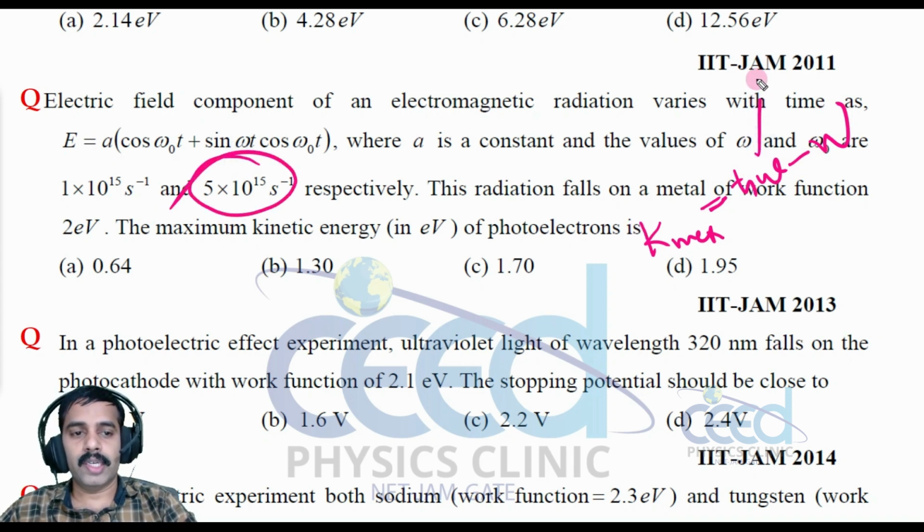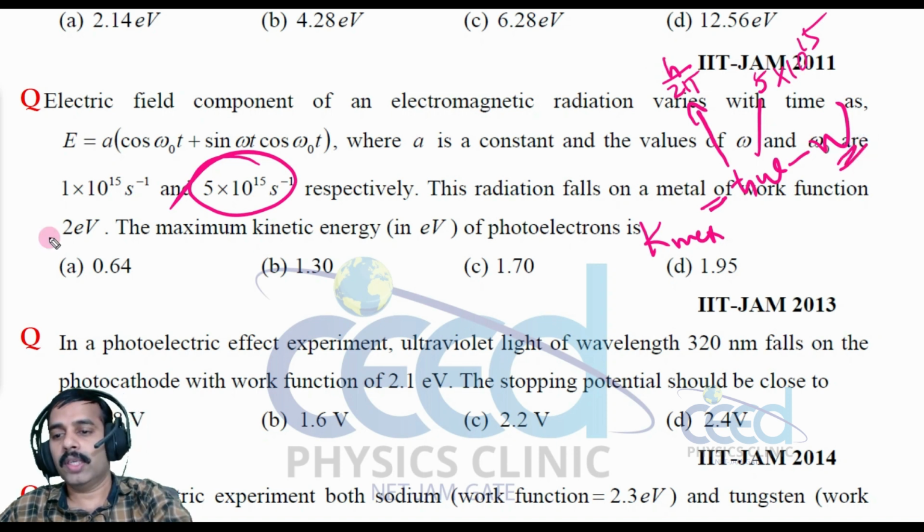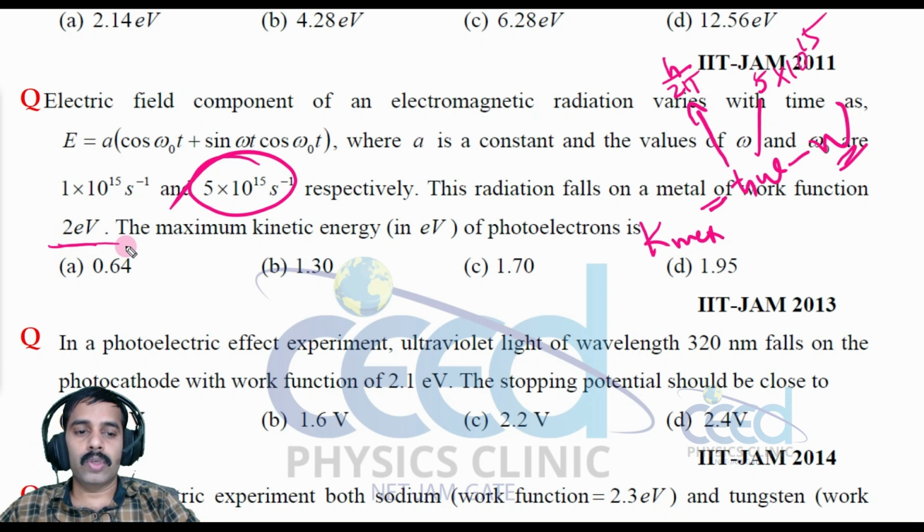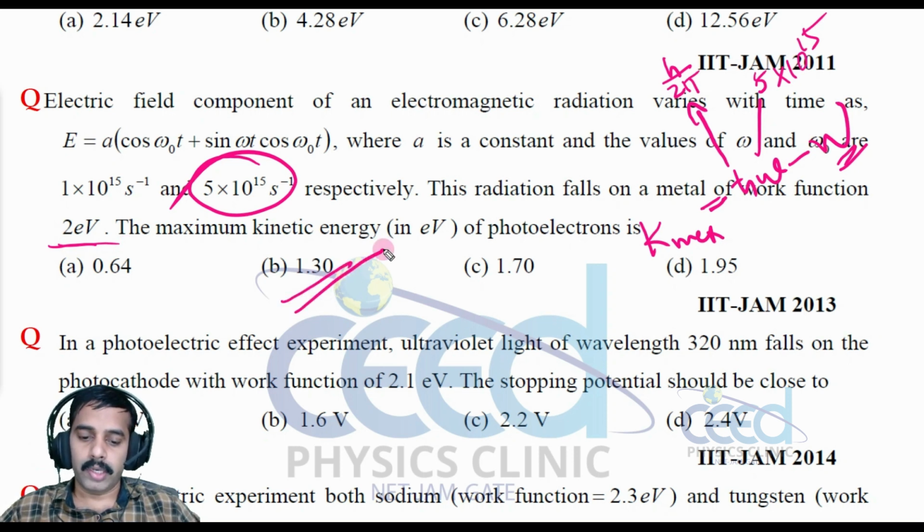So omega you can take as 5 × 10^15. All right. So that is given, and h cross value, that is h by 2 pi. We have the value of Planck's constant, and this work function is also given here. So when you substitute all the values, you will get 1.30 volt. All right. Option B is correct.